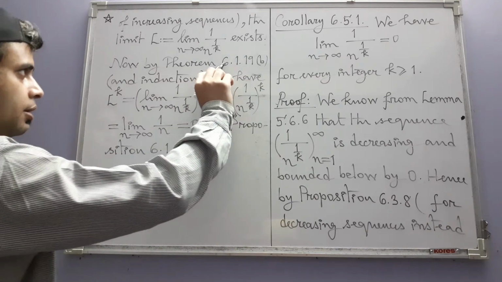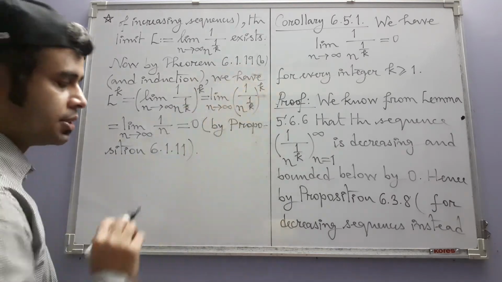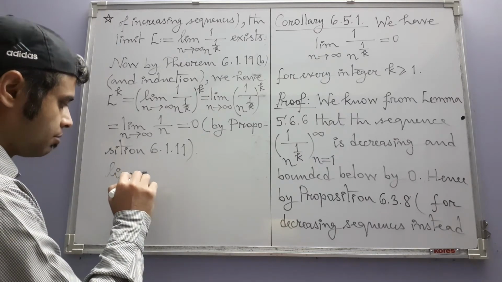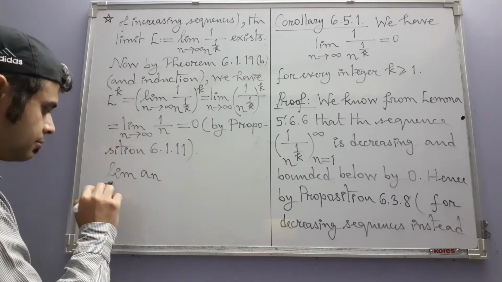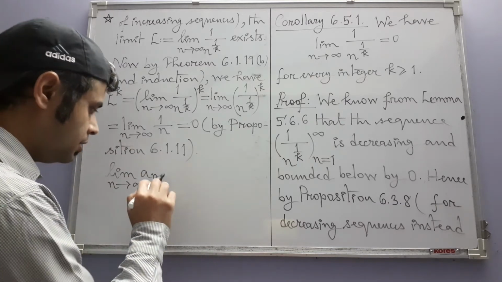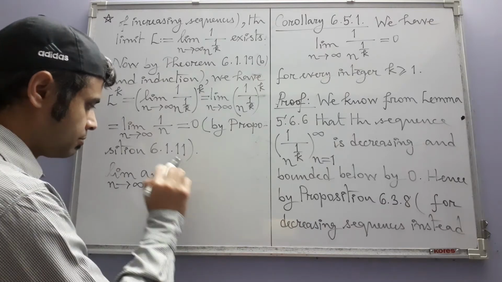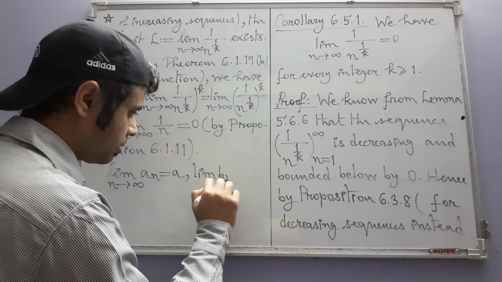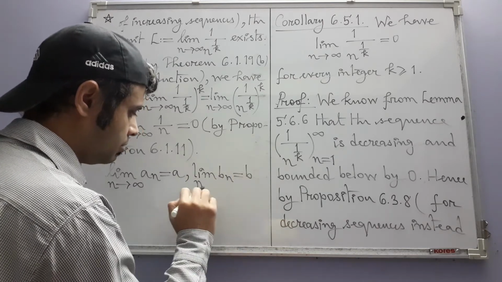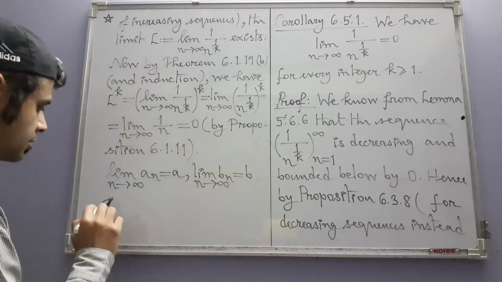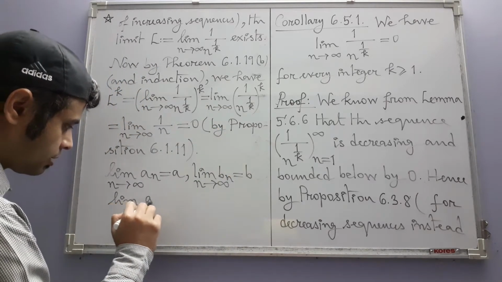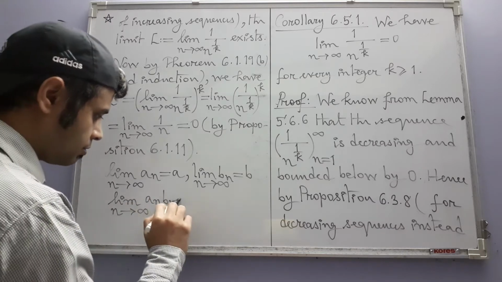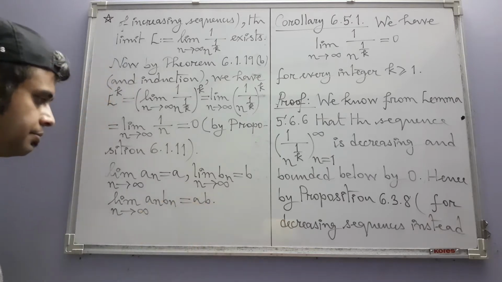That is because the actual part B of this proposition just says this: if you have two sequences, say an and bn, both of them convergent, an converges to a and bn converges to b, then the sequence an bn also is convergent and it converges to ab.